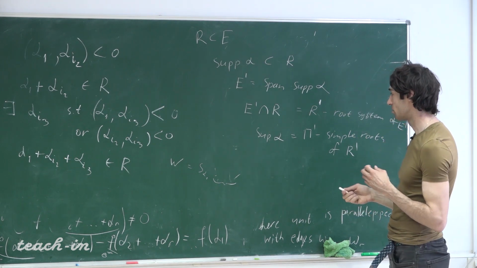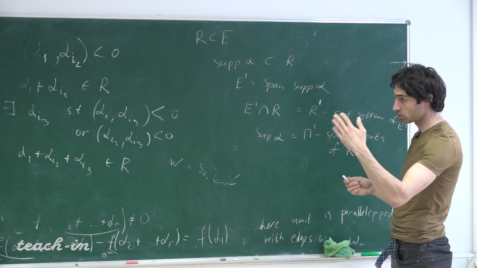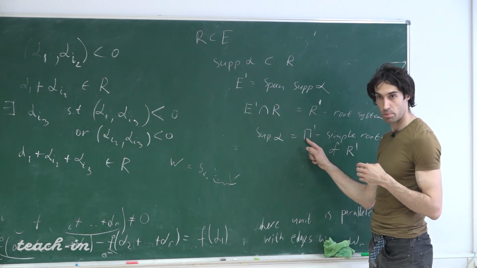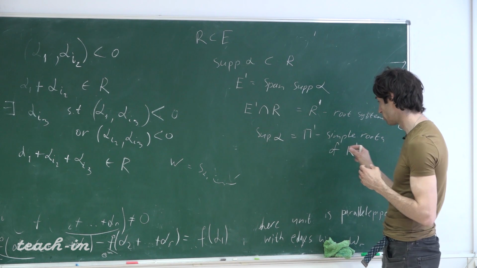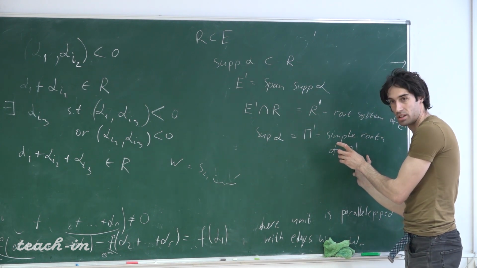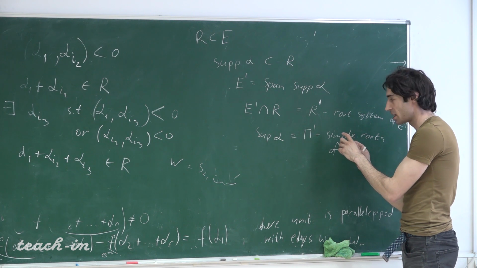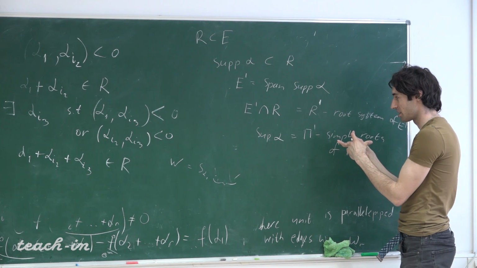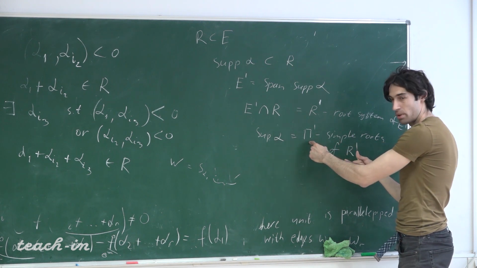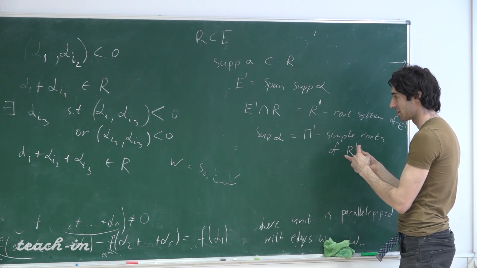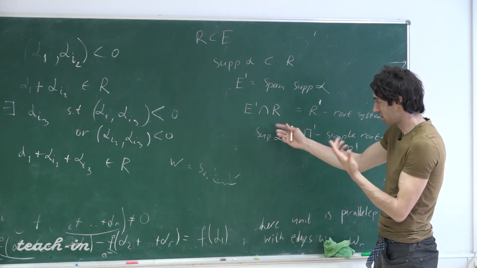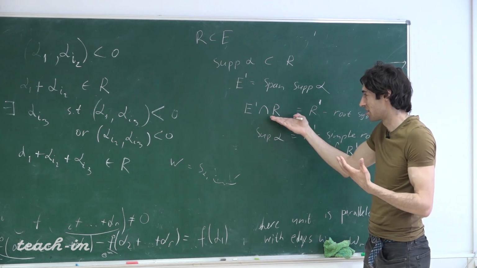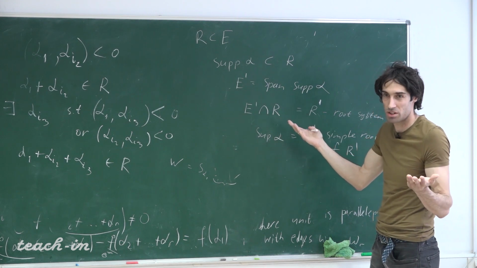Moreover, the support of alpha was simple roots of R, but of course they should remain simple for R prime as well. If I found two positive elements of R prime, they are also positive roots of R, and if their sum is in Pi prime, then the same happens in R, so we had not a simple root, which is a contradiction.